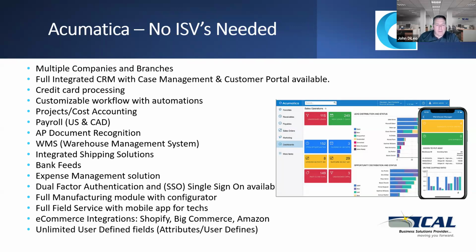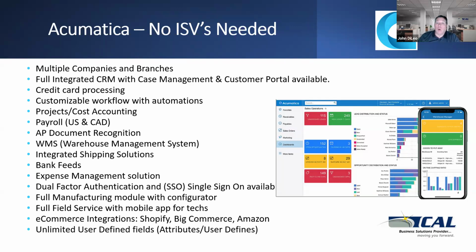And one of the things that I find is hugely beneficial in Acumatica, when you combine that with its flexibility, is unlimited user-defined fields. Basically, you define what your user-defined fields are, your attributes or user-defined in the case of Acumatica, and you'll see those in a little bit. And you're able to add those to transactions and master records and things of that nature to track more information that is really tailored towards what's important for your company, right?